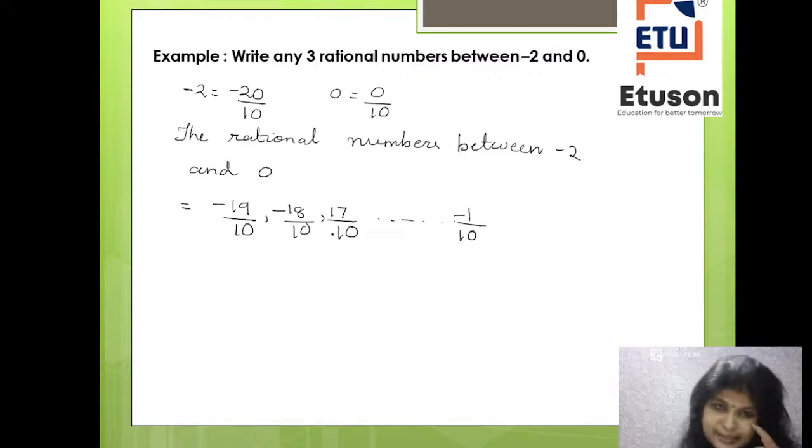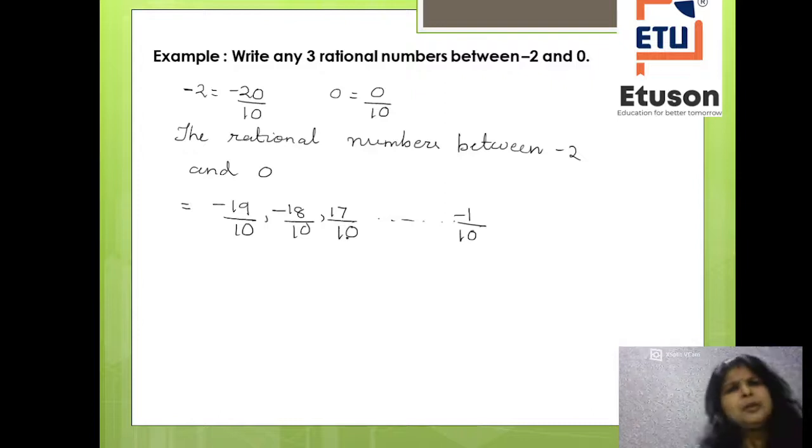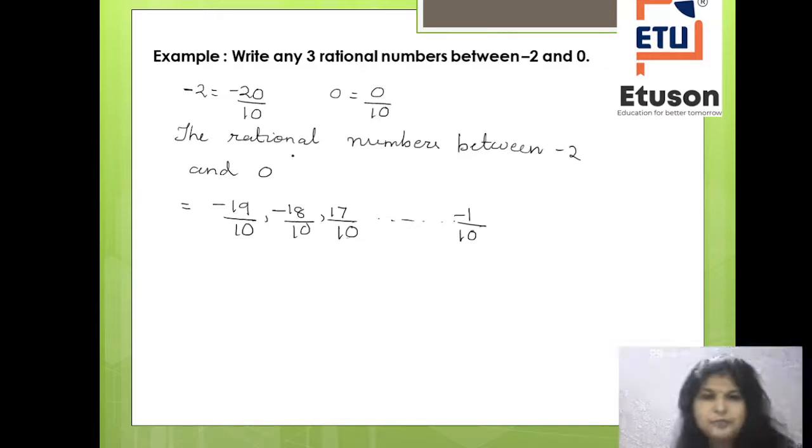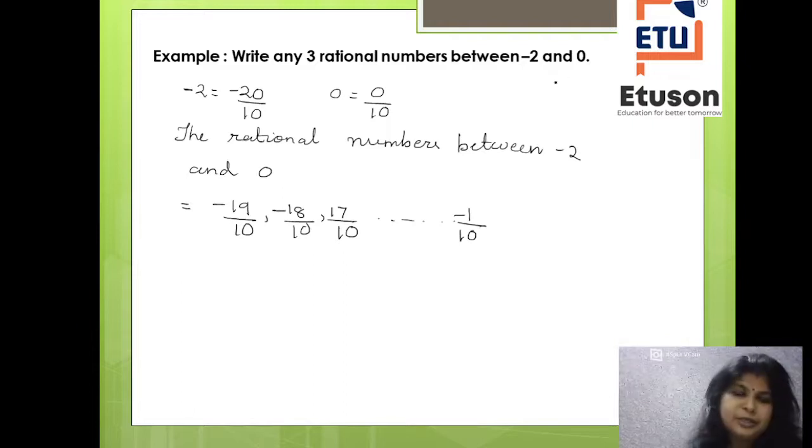So all these numbers, there can be countless numbers also. If you take -200 by 100, in place of 10 you will take 100 as the denominator, then you will get some more rational numbers. Correct or not? So this is how you will find out the rational numbers between -2 and 0.